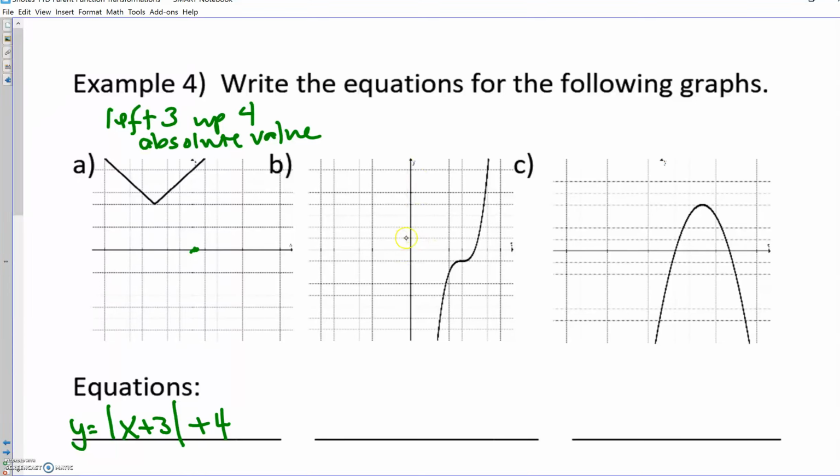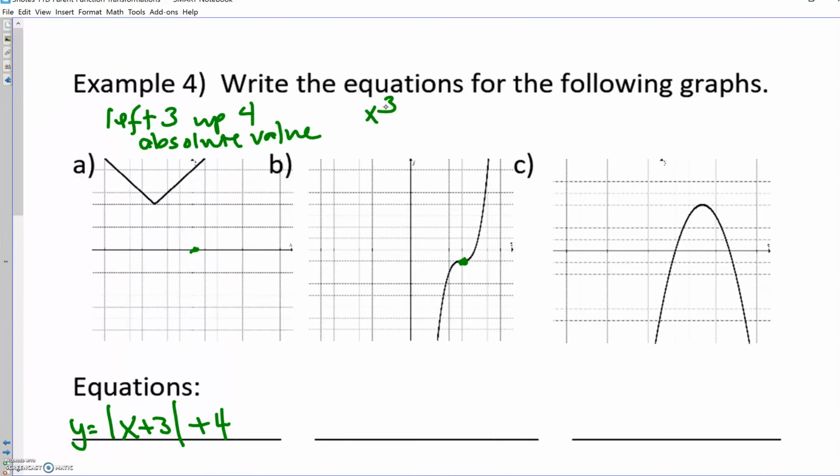Then on this next one, here is our main point. Remember, where it makes that twist is going to be our main point for this one. So you may need to look back and recall what this function is. This was a cubic function, and the parent is x to the third. So note the shape. That's an x to the third shape.